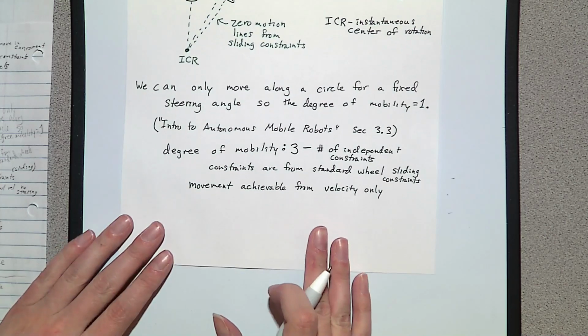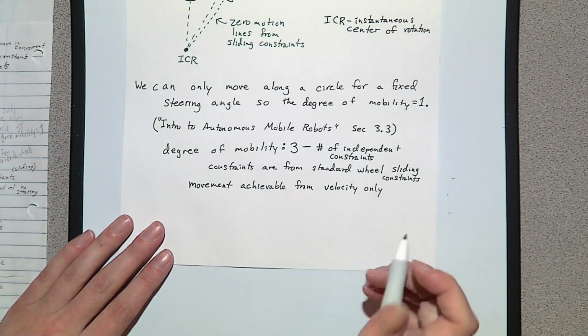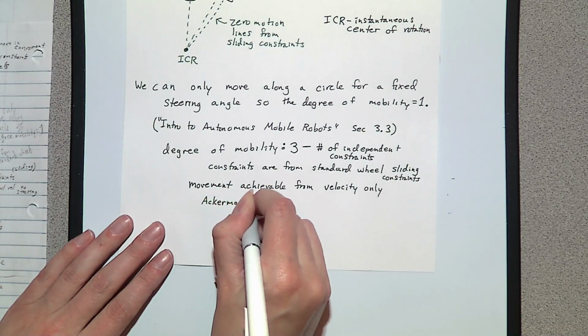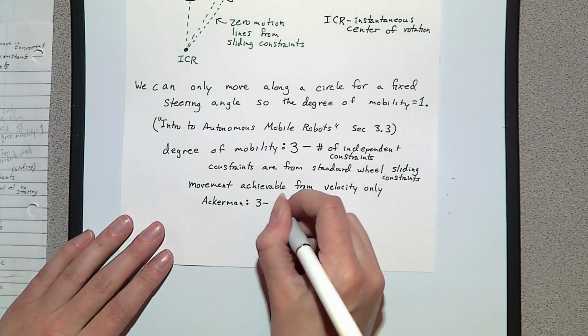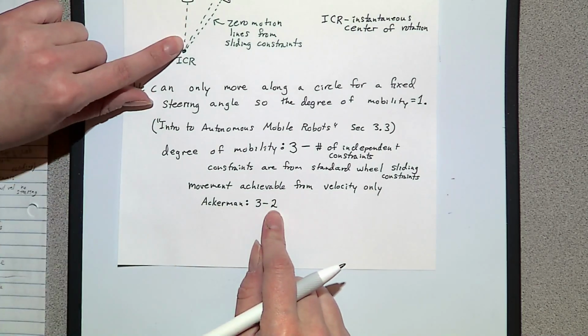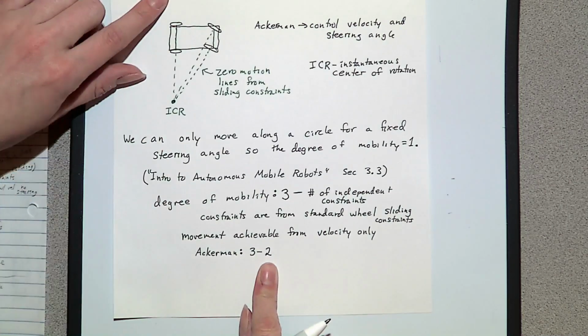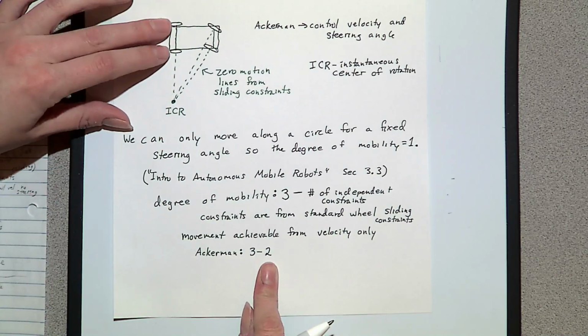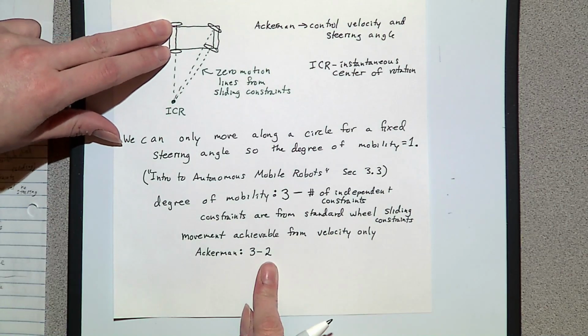And so for the Ackermann car, we have two constraints. We have one constraint that comes from the rear wheels. Because these axes are aligned, there's a redundant constraint there.